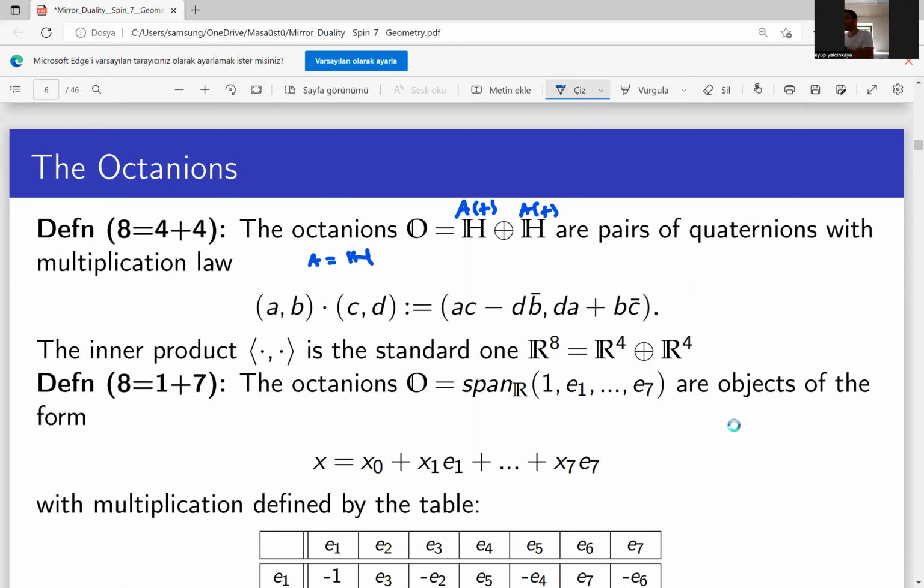But after the octonions, the 16-dimensional object, I wrote maybe yesterday or the previous day the same thing, is a symmetric object, and Gray proved that.